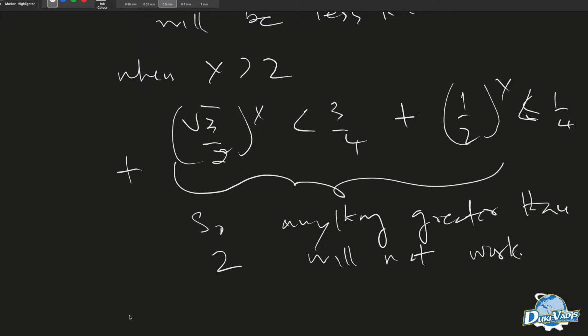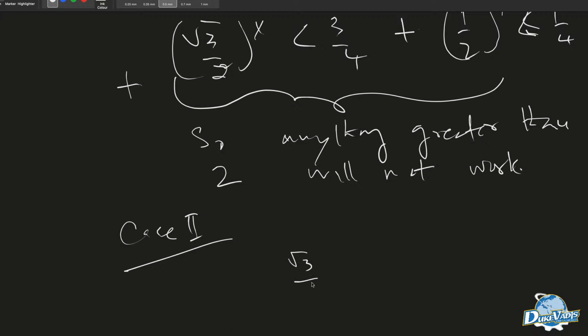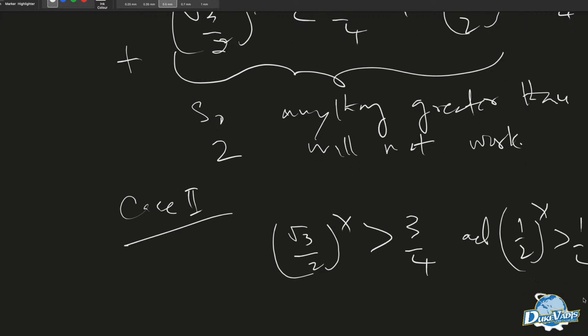Now let's look at case 2. Case 2 is very interesting. If we take the same equation, root 3 over 2 raised to the power x, which is even greater than 3 over 4, and half raised to the power x, which is also greater than 1 over 4, let's see what we get.